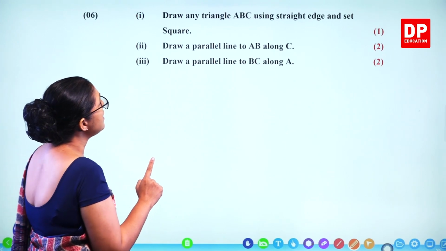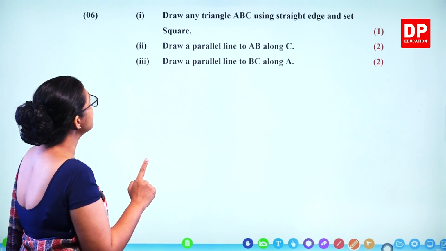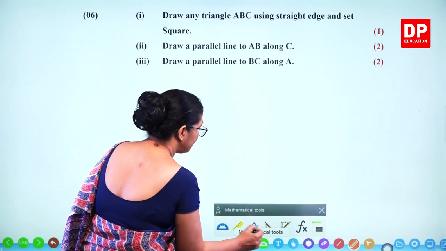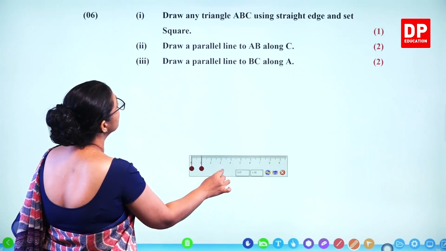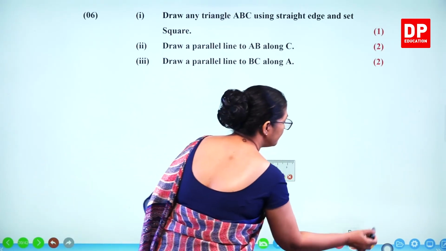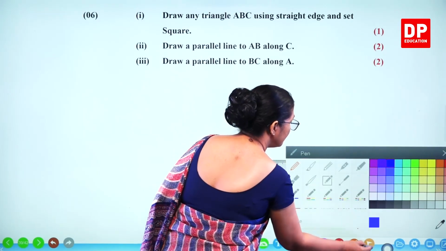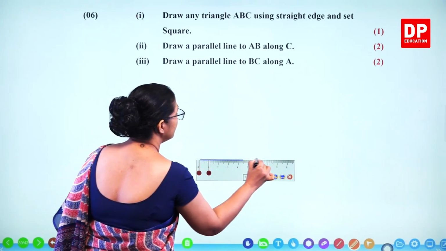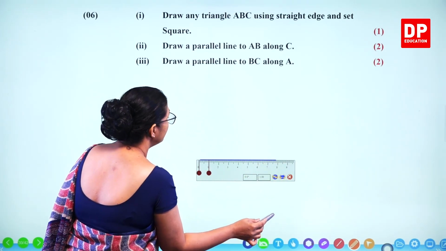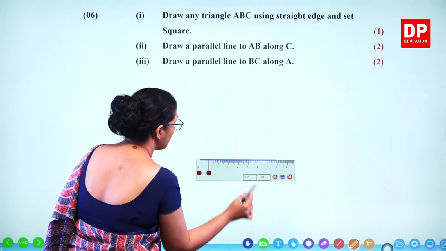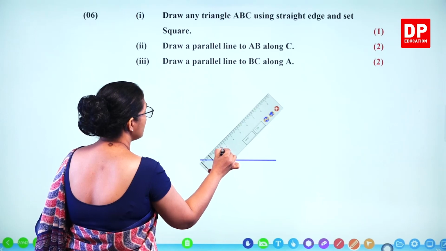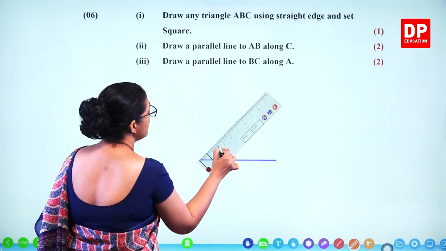Draw any triangle ABC using straight edge and set square. Any triangle. You can take any, you don't need set square just to draw any triangle.